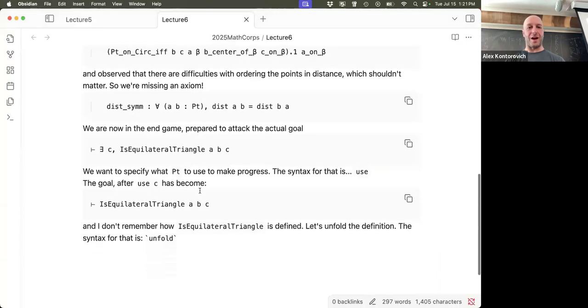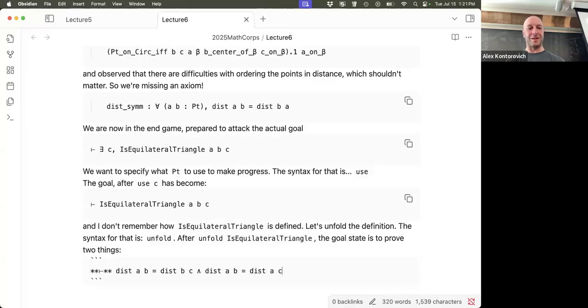Let's record. Now, after unfold is equilateral triangle, the goal state is to prove two things. So we have to prove that the distance from A to B is equal to the distance from B to C, and the distance from A to B, yada yada.